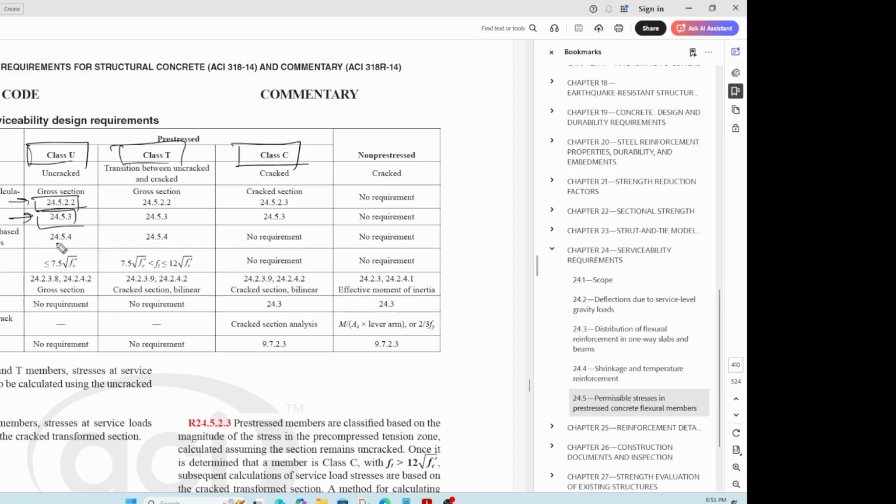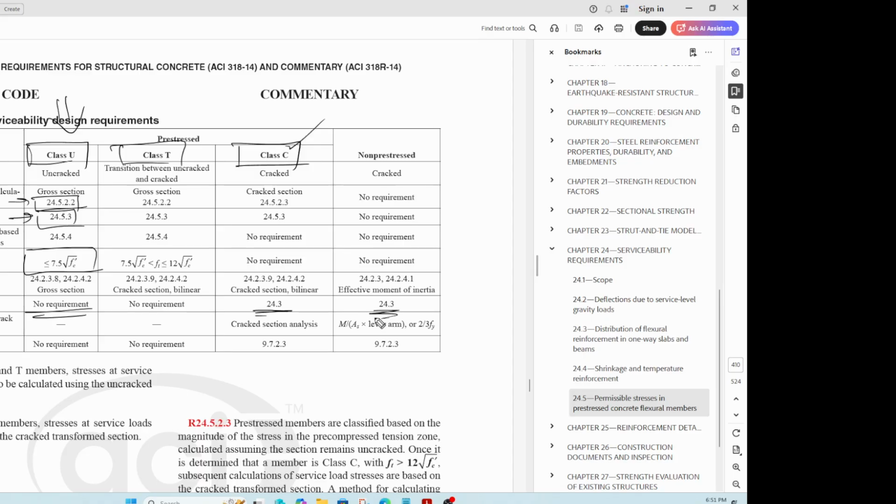But here is a table which tells you, if you are a U category, then you need to pick up your information from all these sections. For example, if you want to find out your maximum tensile stress limit at service load, then that value is here, right? Is there a special requirement for crack control for U and T? No. Whereas if you are here, then there is a special requirement that you need to follow.